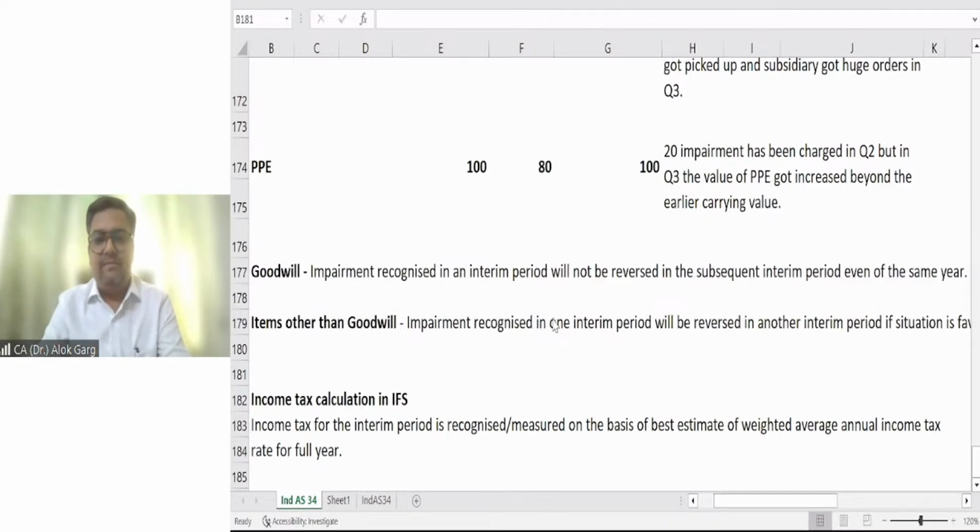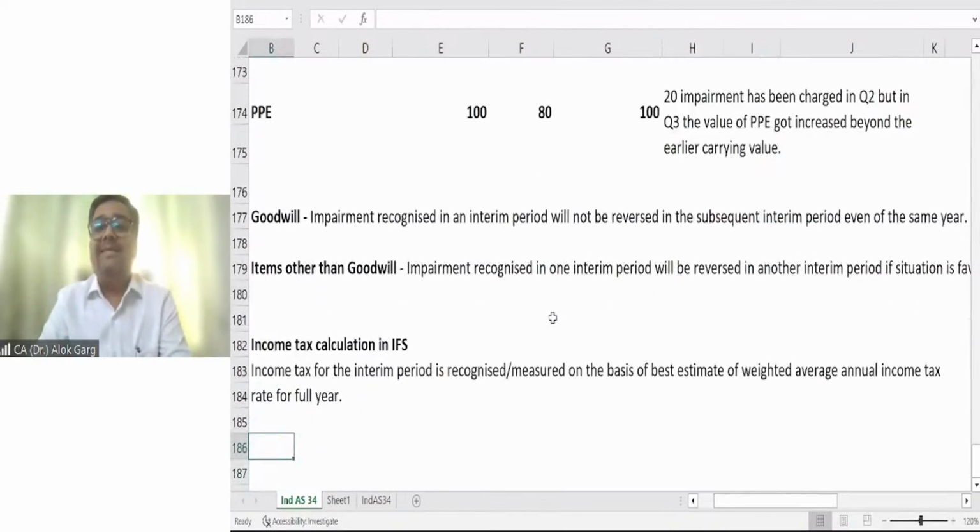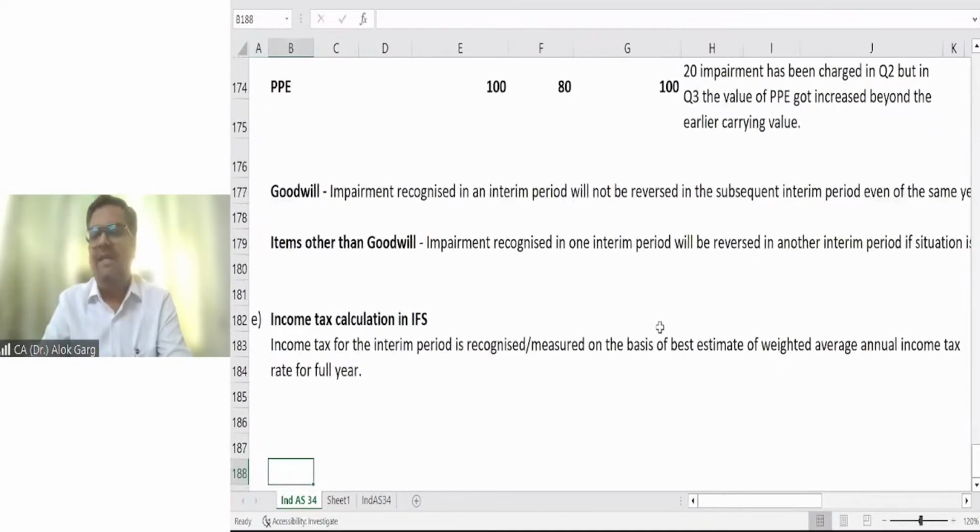Income tax. Income tax calculation in interim financial statements. Before discussing this concept, please tell me whether income tax needs to be calculated on a quarterly basis or on a yearly basis. Whether income tax return needs to be filed on a quarterly basis or on a yearly basis.